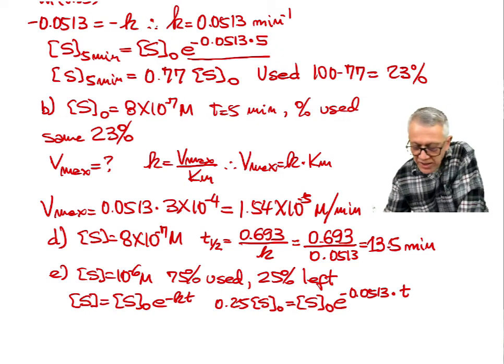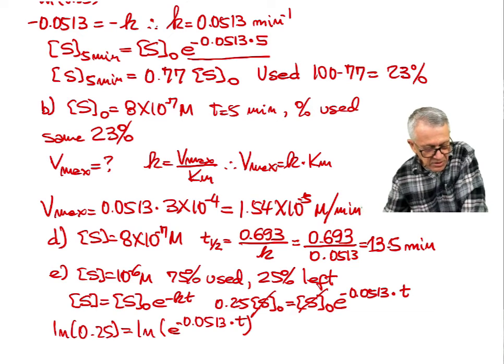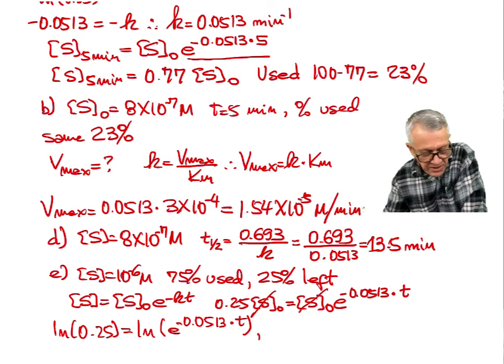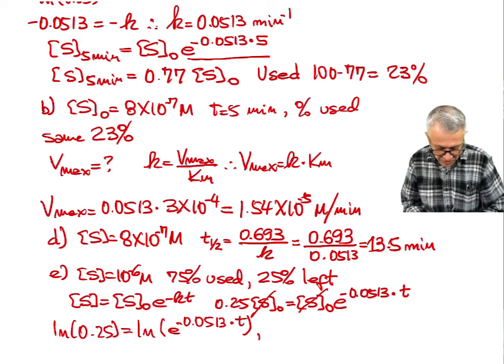The best way to do that is to take the log of this side and the log of the other side, so it becomes the natural log of 0.25 equals the natural log of e to the power of minus 0.0513 times t. From here, what's the log of 0.25?